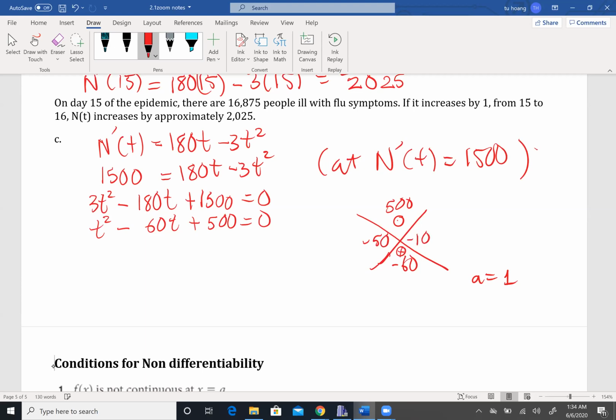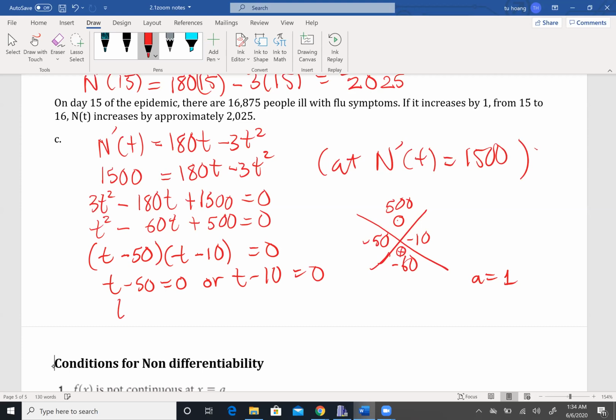So it's going to give me t minus 50 as one factor, and the other is t minus 10, equals 0. And now easily you can apply the zero factor method to get t minus 50 equals 0 or t minus 10 equals 0.